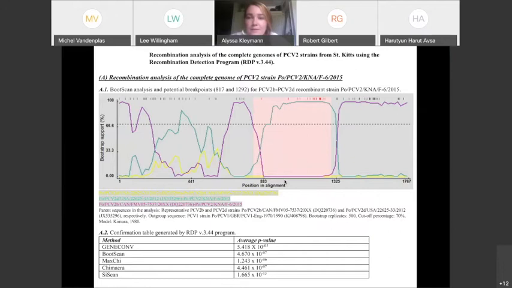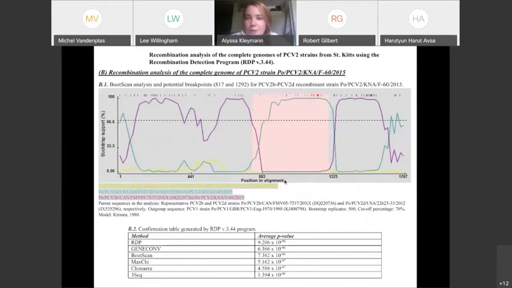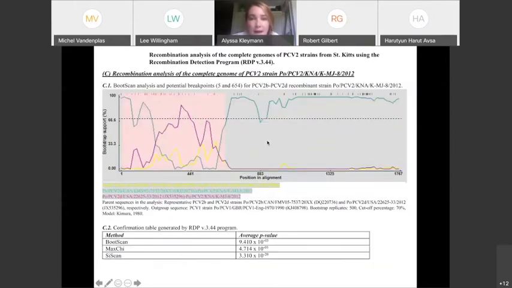Now this was a familiar and similar story for strain F60, where we also saw the recombination event occurring in the ORF2 region. Now, in contrast, MJ8 did not have its recombination event in ORF2, but had its recombination event outside ORF2, as depicted here.